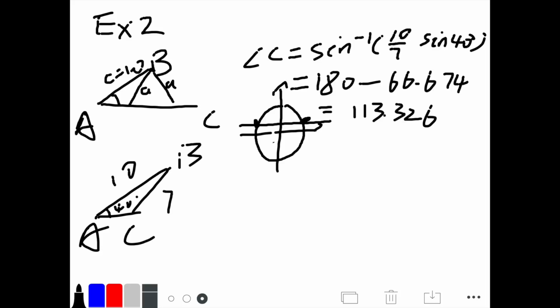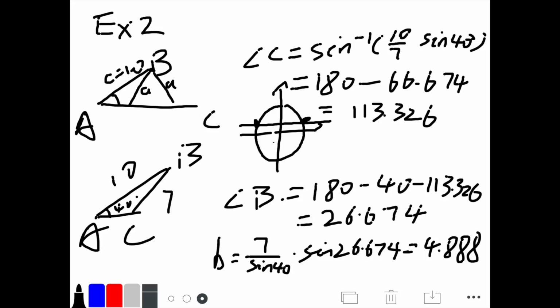So we get the other angle between 0 and 360 that has the same sine, which is 113.326 degrees. Then we can solve for B using the same method, which is 26.674 degrees, and b equals 4.888. Those are just the same thing.